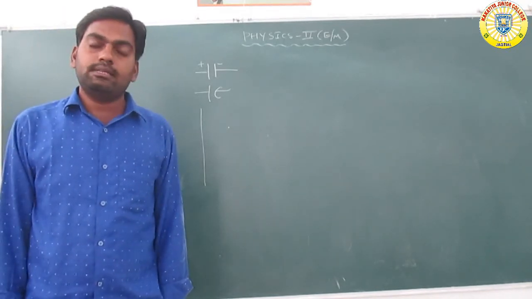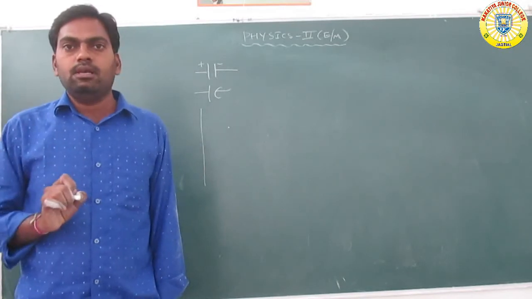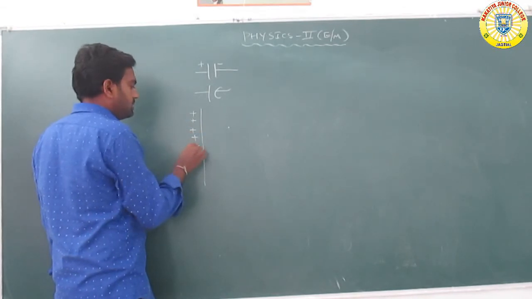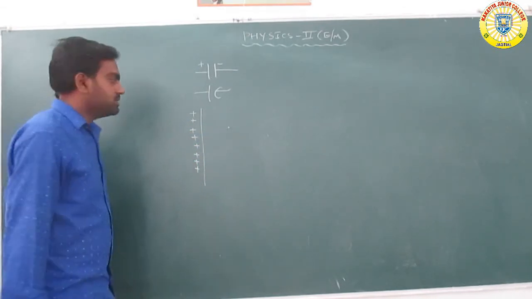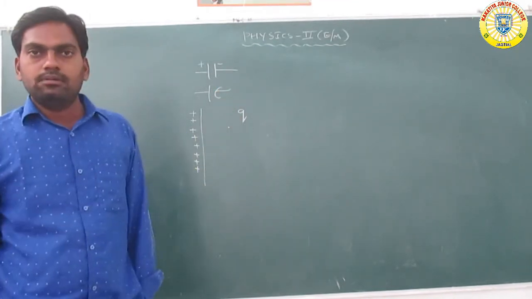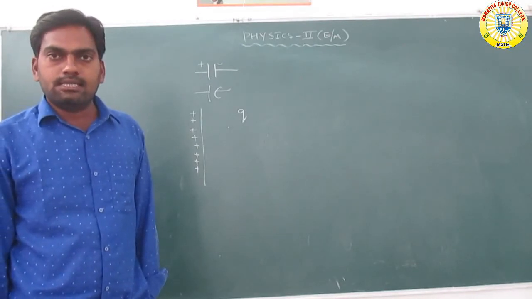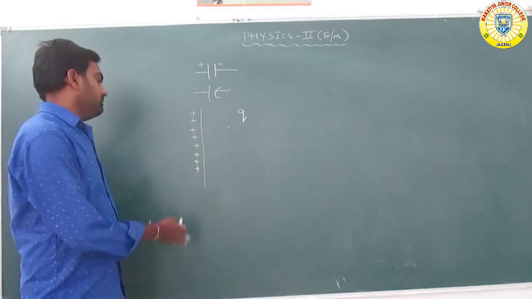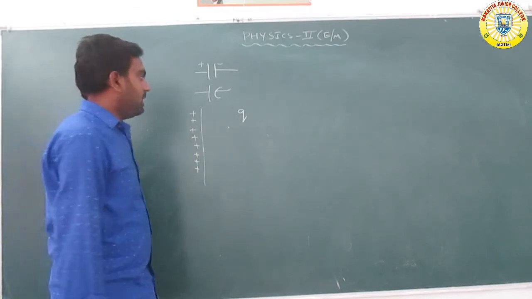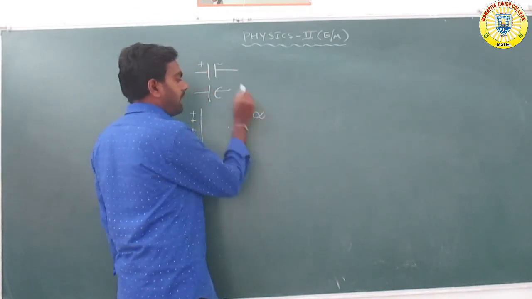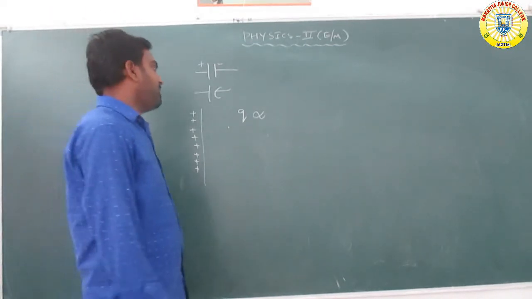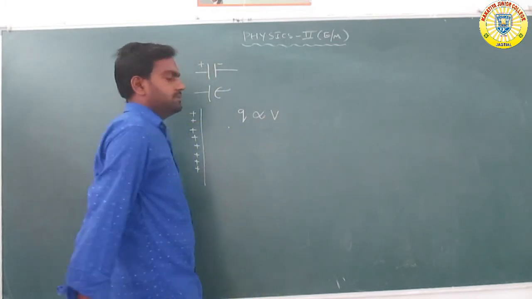So a capacitor, condenser or conductor stores energy, that means charge is stored. First of all, we consider a conductor. The charge stored in the conductor at any instant of time is directly proportional to the potential difference.